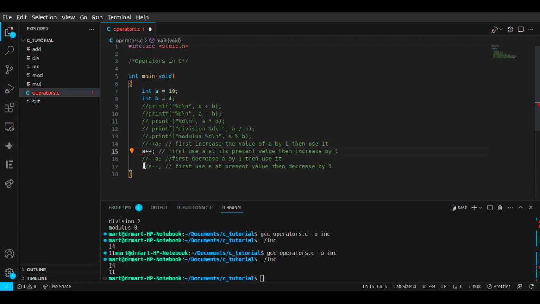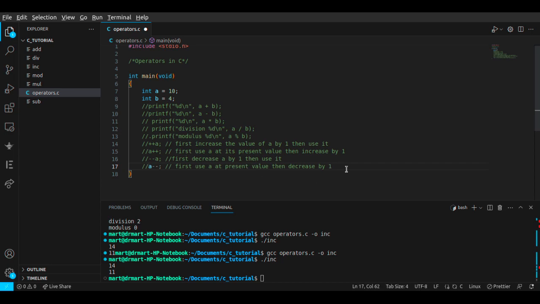The next, when you have a plus plus, the variable and then plus plus, you're saying first of all use the value of a at its present value, then increase by 1. Then of course the decrement, the same. When you have minus minus a, you're saying first decrease a by 1, then use it after the decrement. Then a minus minus, you're saying first use a at its present value and then decrease by 1.